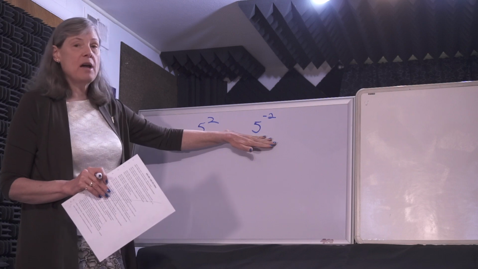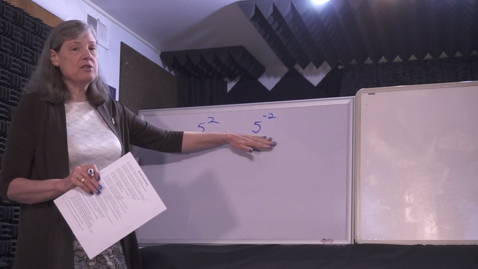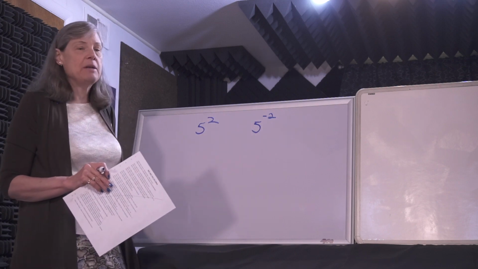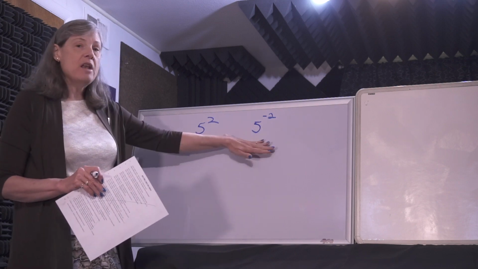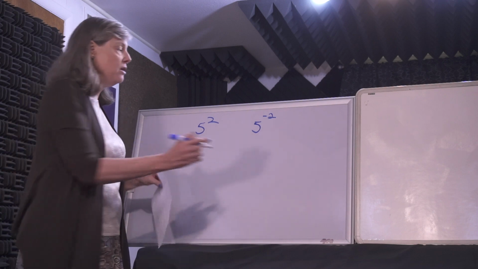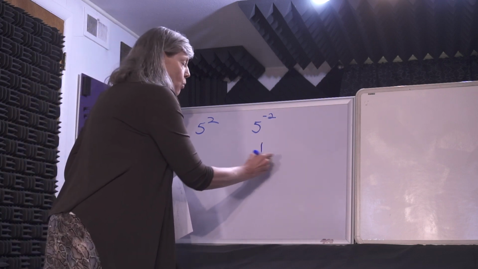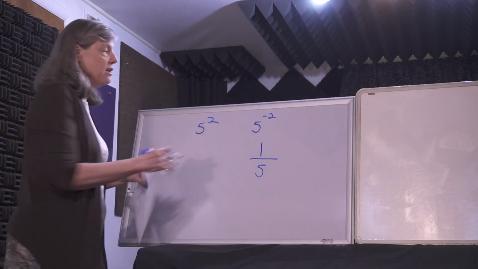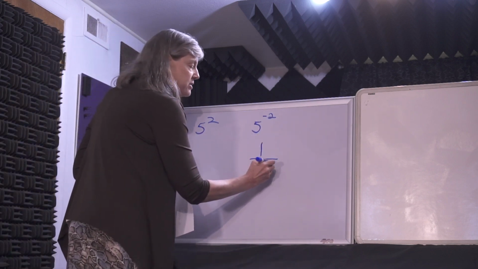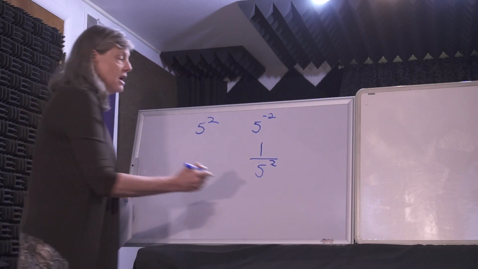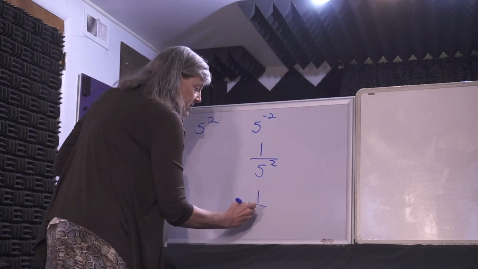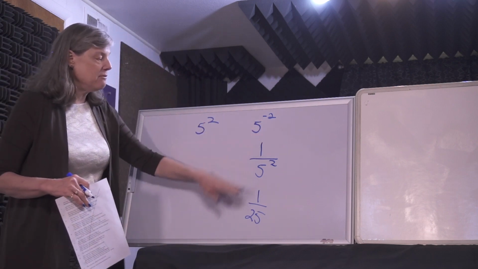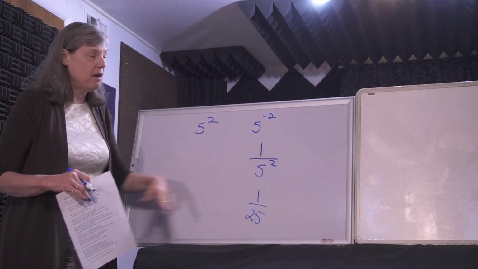In this case, it's already kind of in the numerator since it's a whole number, and so it will move down to the denominator. When it moves down, nothing is left in the numerator, and so we leave a 1 there. The base goes to the denominator, the exponent follows it, but then it becomes positive. And so now, 5 times 5 is 25, and so 5 to the negative 2 is really 1/25.